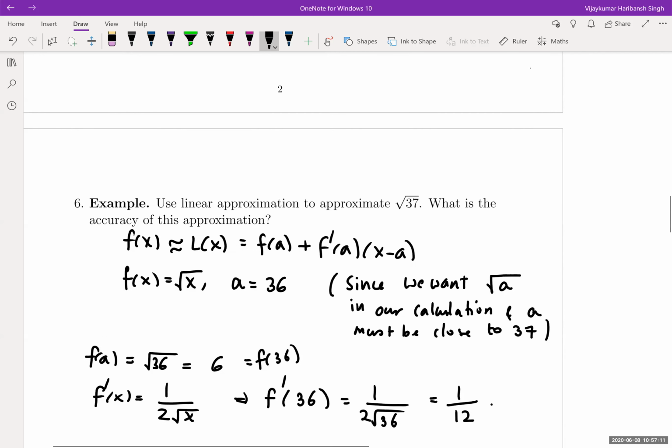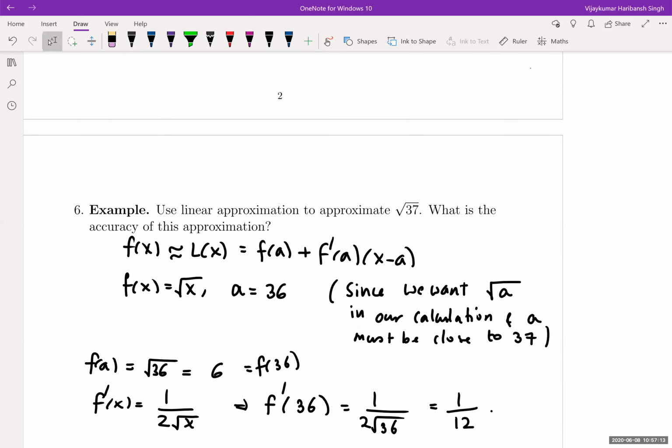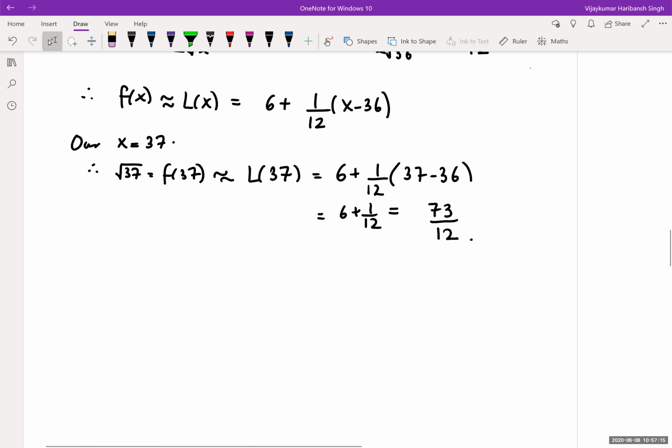Now let's see how accurate this approximation is. I'll use a calculator just to see how accurate we are. It turns out that 73 over 12 is 6.08333, repeating. And the square root of 37, if I use my calculator, is 6.08276.